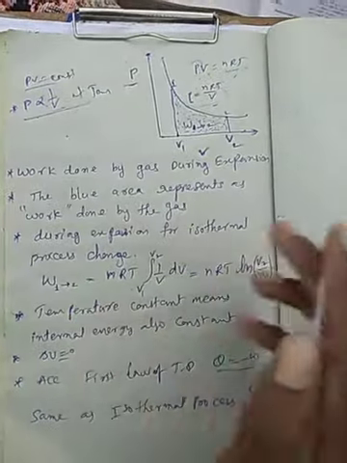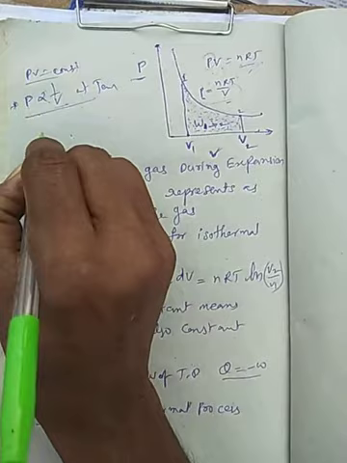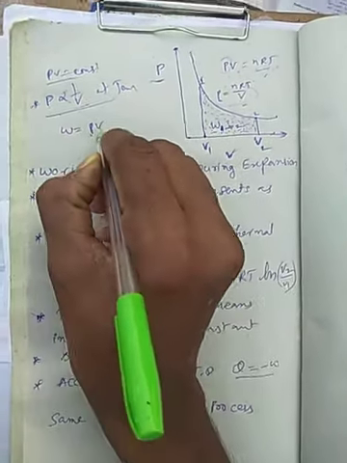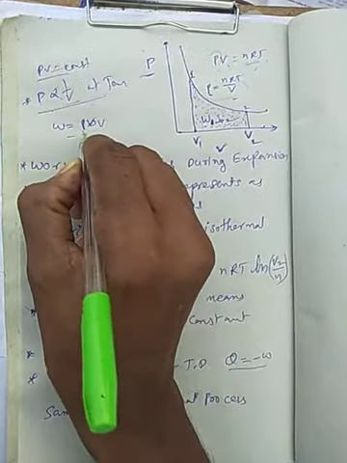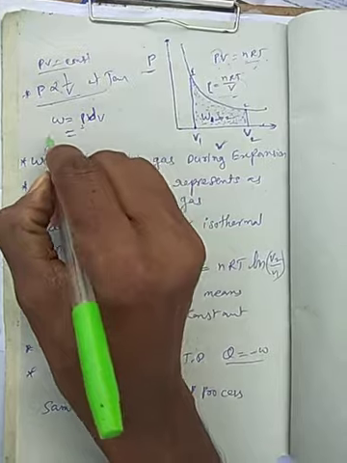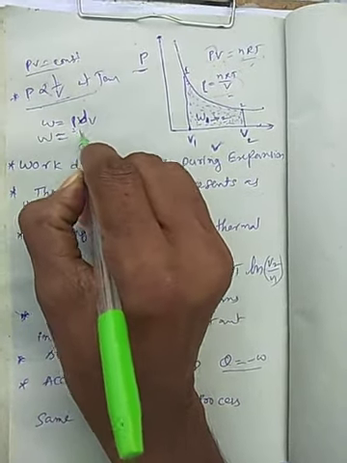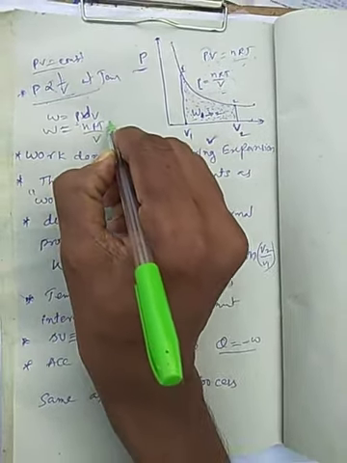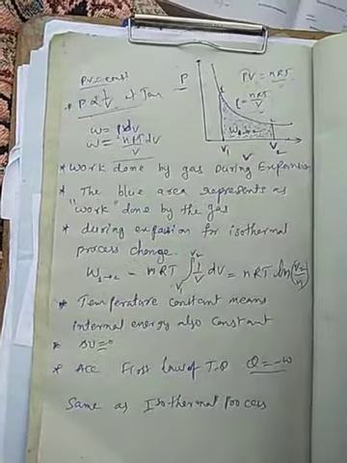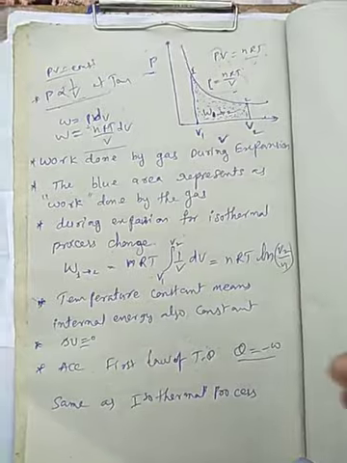From this we already discussed that W is equal to P delta V. In place of P we write nRT by V, so W is equal to the integral of nRT by V dV, using the integration method we discussed in the previous equation.